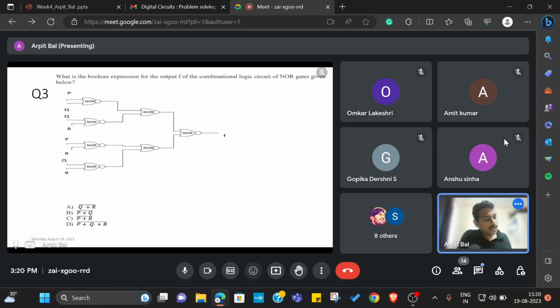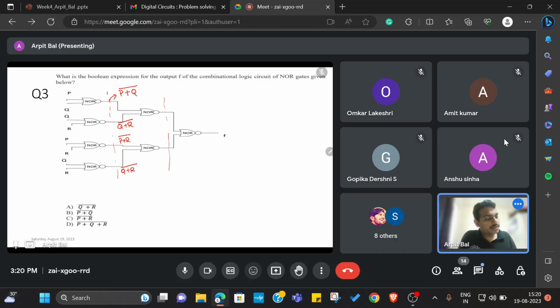Let us do it level wise. Let's say these two are the levels. Here we have p plus q whole bar. Here we have q plus r whole bar. Here we have p plus r whole bar, and here we have q plus r whole bar.